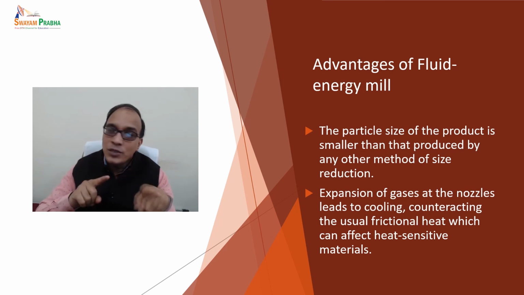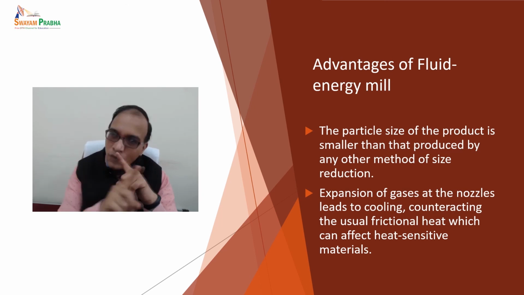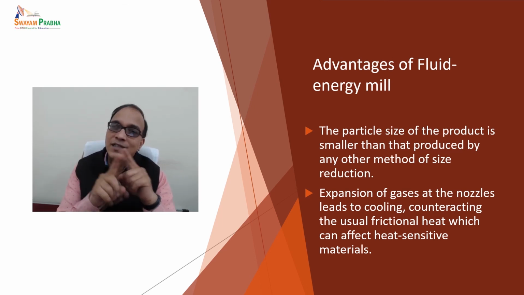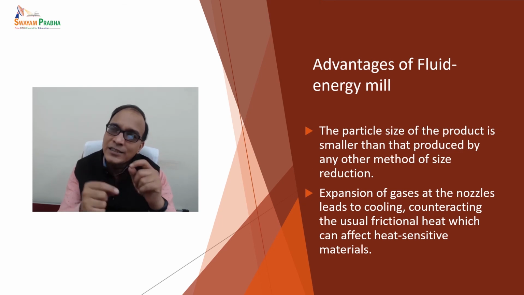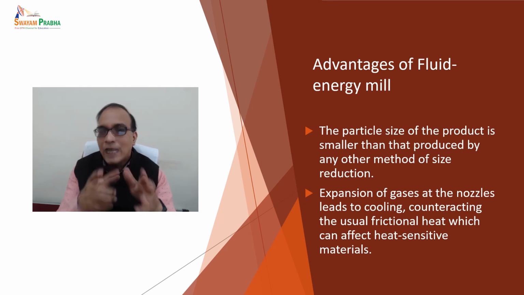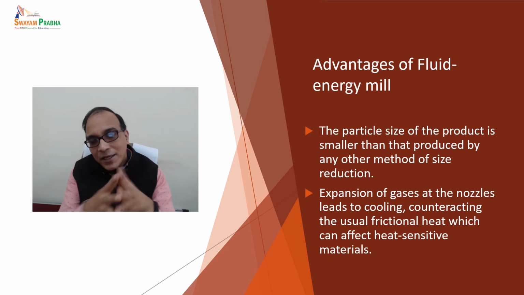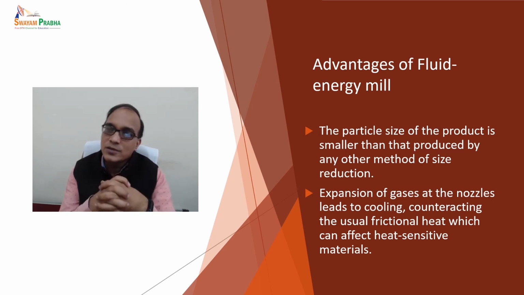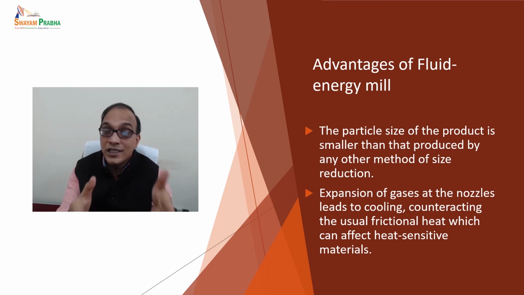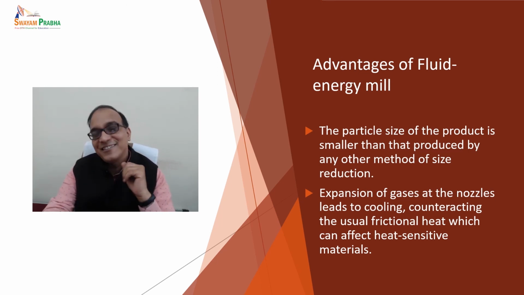So the movement of the gases leads to cooling, so the frictional heat generated is not that much, which could destroy the heat sensitive material. That's why it is quite good for use with heat sensitive or thermolabile materials.